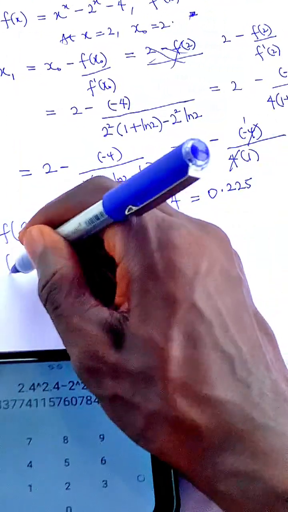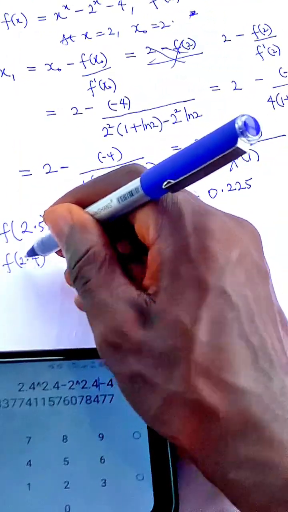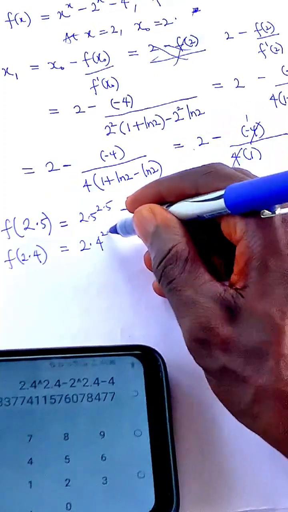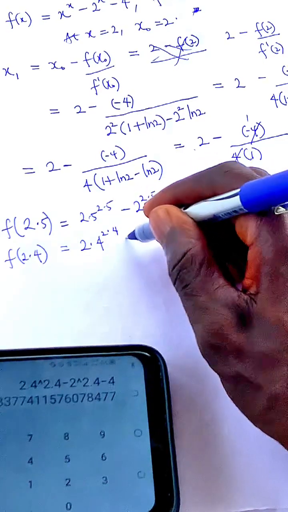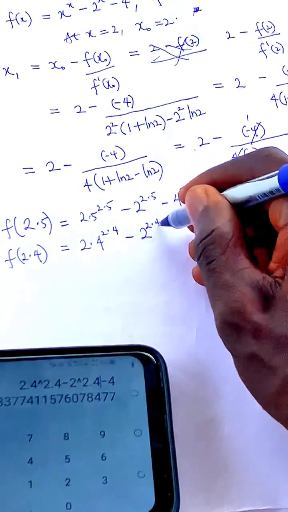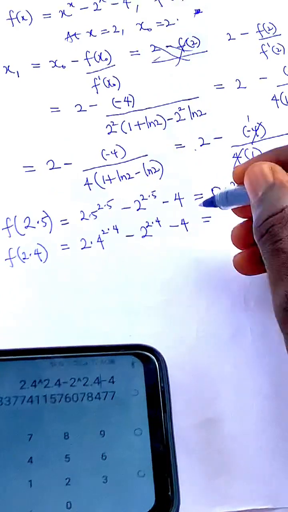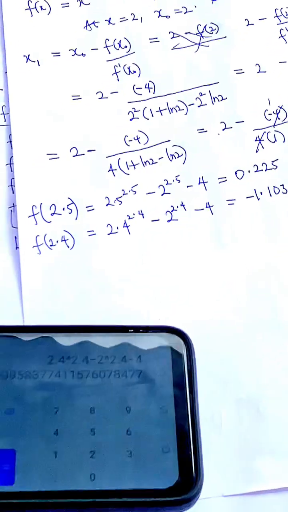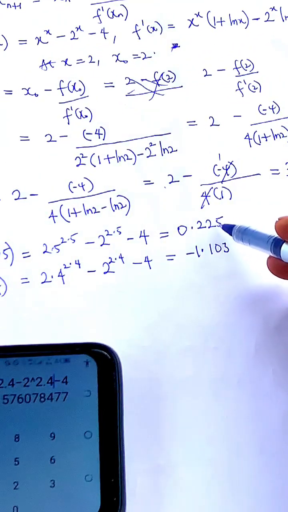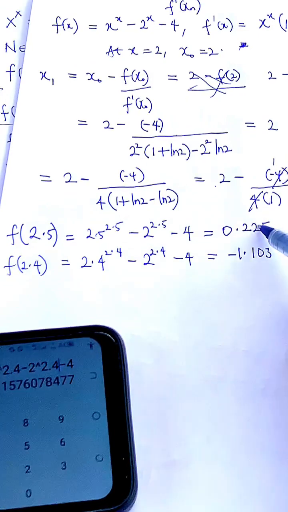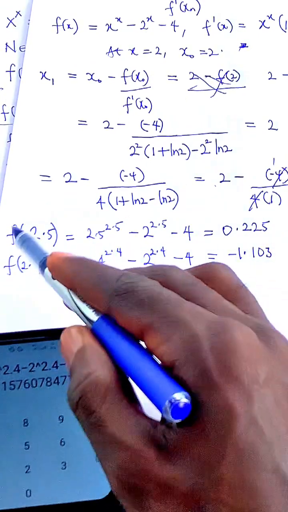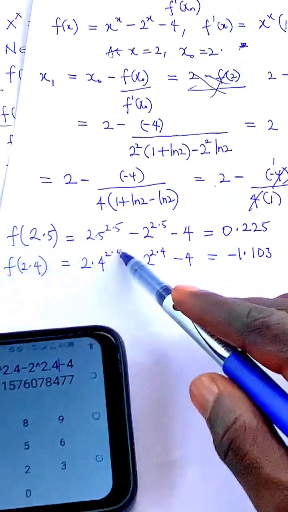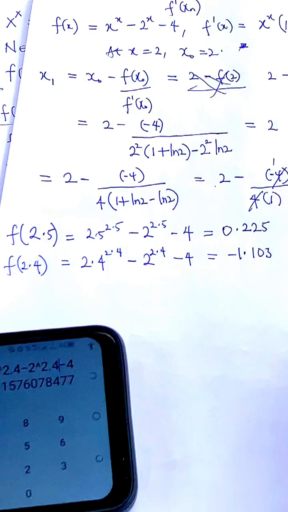Function of 2.4 is equal to 2.4 to the power of 2.4 minus 2 to the power of 2.4 minus 4, which is equal to minus 1.103. Here we see that this one is closer to 0 than this. So we choose this as our new value of x in our iteration.